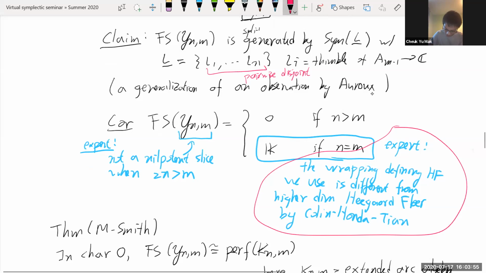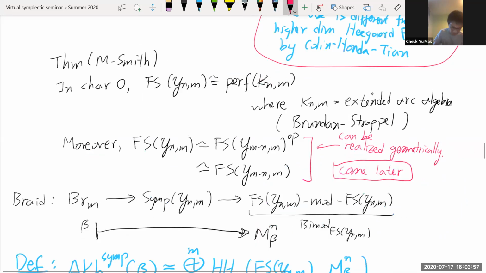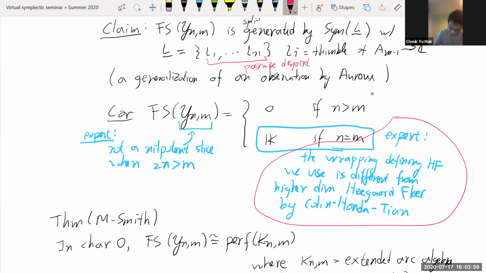Let me draw the example. In what we do, we wrap like this, but in the case of the higher dimensional Heegaard Floer, they wrap like this.